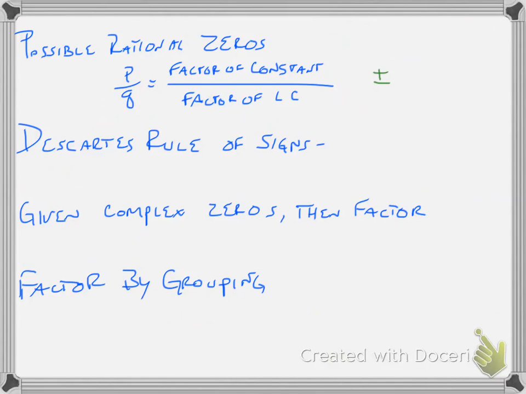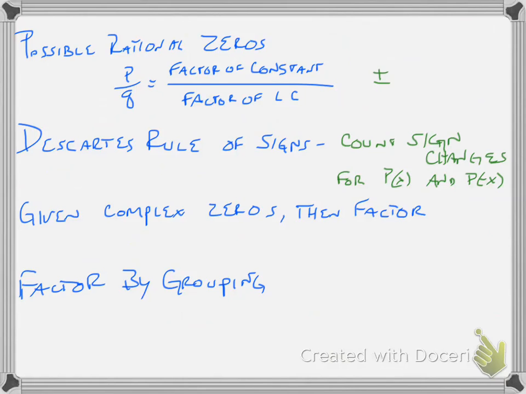Descartes' rule of signs, you count the sign changes for both p of x and p of negative x. Remember, with p of negative x, all it's changing is the signs of the terms with the odd exponents.